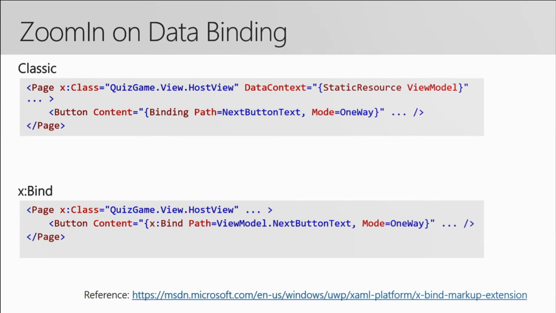So understanding that there's a difference between them, what I find in practice is a lot of people who are new to Universal Windows Platform and started here with XAML will be using XBind tags. So you have to go back and figure out what a data context is and how the regular binding tags work. And a lot of people who've been working with XAML since really early days use the binding tags and have no idea how to work the XBind tags.